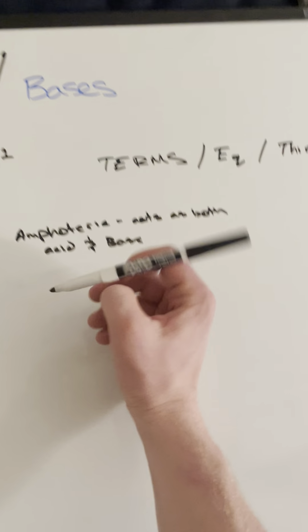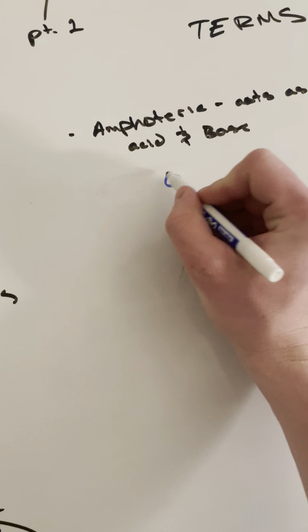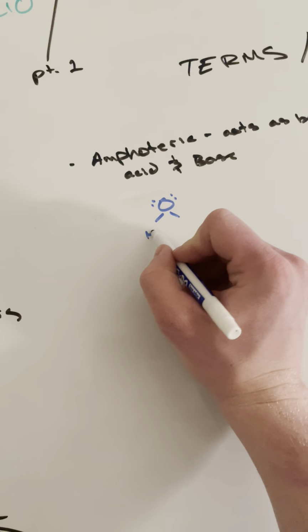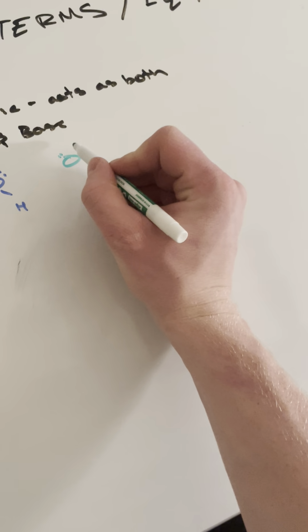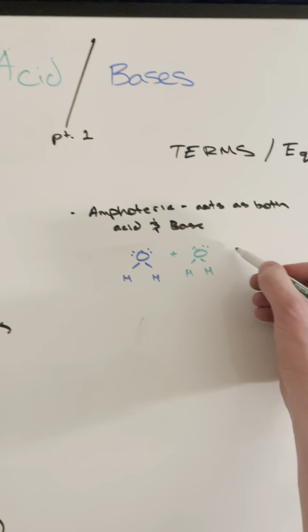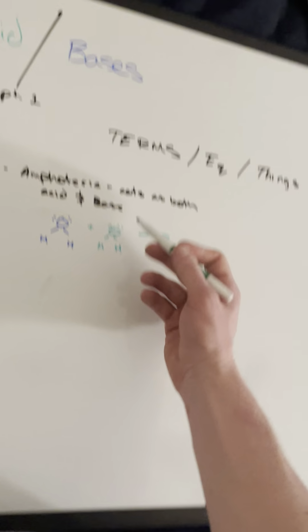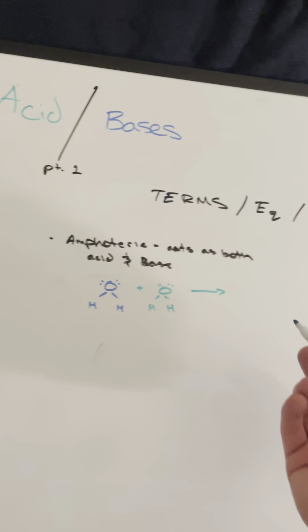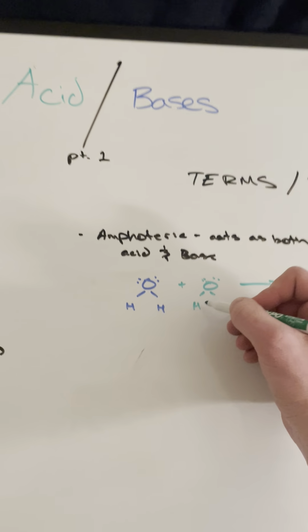I'm going to actually draw this out for you. I'll use a different color too. So there's one water, and that's going to be our base water. And then we're going to have our acidic water. And when we add these together, since it can act as both an acid and a base, since it has both protons and lone pairs, the acid is going to donate this one, right?